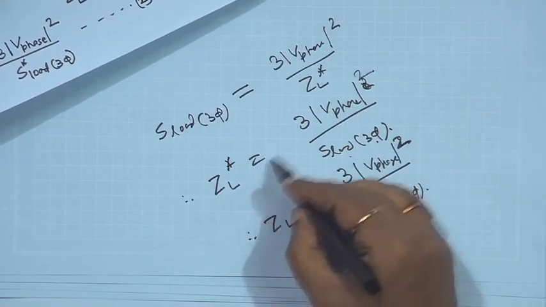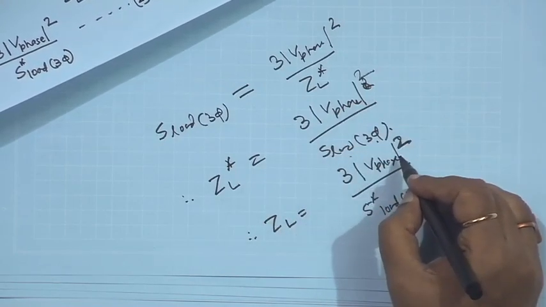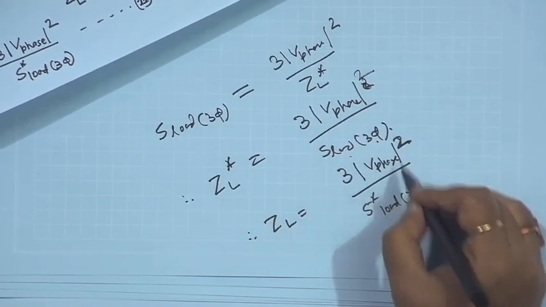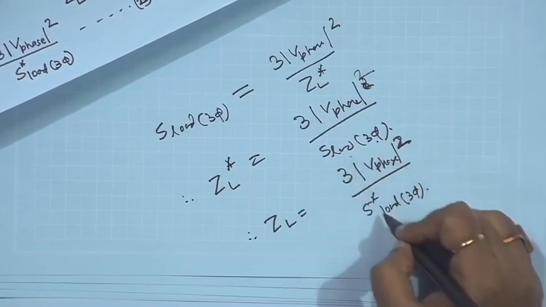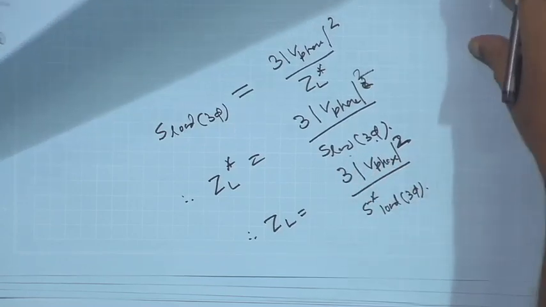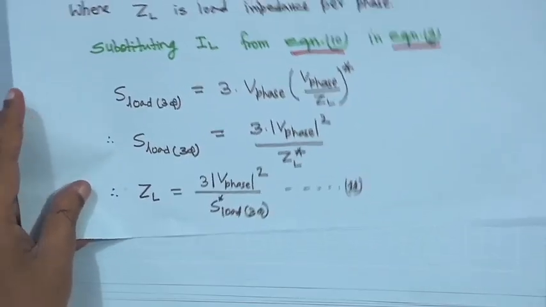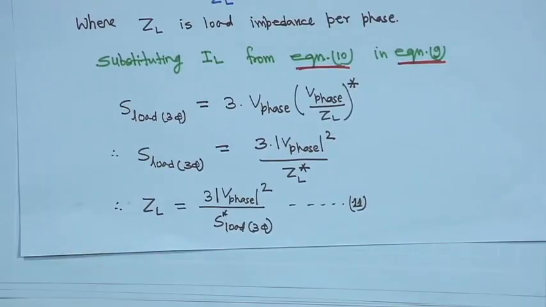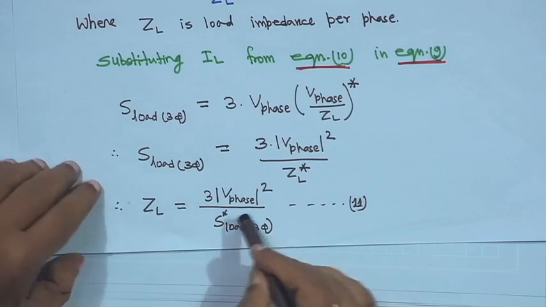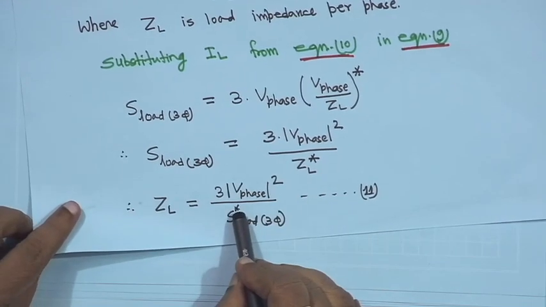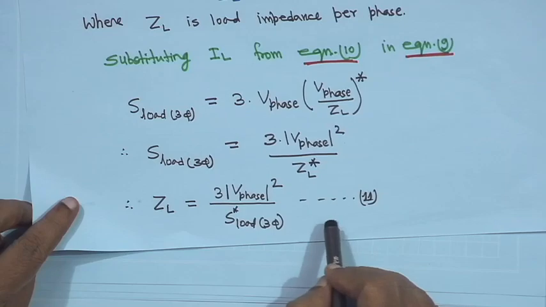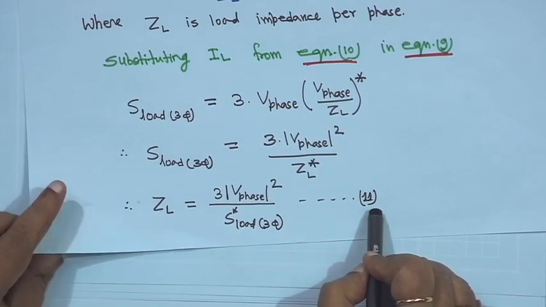Take conjugate on both sides: ZL is a real quantity, so nothing to do with that. 3 V phase square, but this is a complex quantity, so S conjugate load 3 phase. Therefore, we are writing ZL is equal to 3 magnitude V phase square over S conjugate load 3 phase, that is your equation number 11.